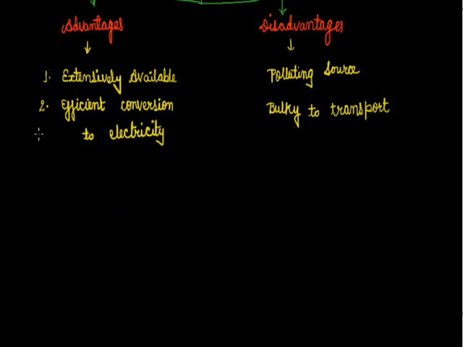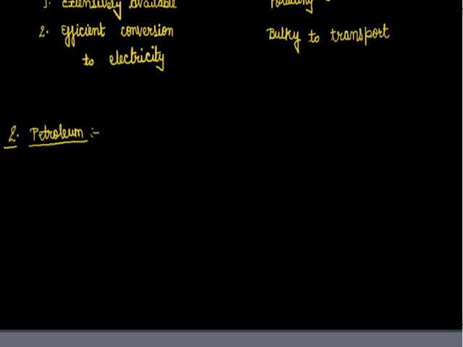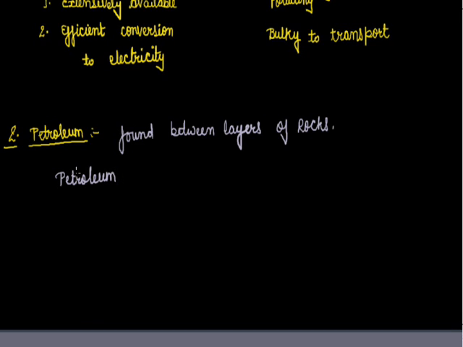The second is petroleum. Petroleum is found between layers of rocks, and the word petroleum is derived from the Latin words petra plus oleum.